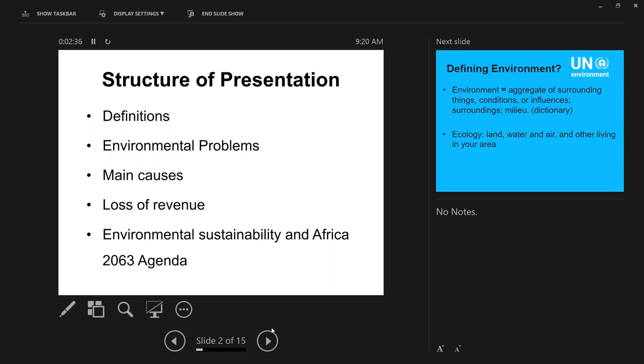Why is the world more and more concerned about environmental sustainability? First of all, we should understand environmental sustainability as this aggregate of surrounding things and conditions. How do we make responsible management in a way that it benefits both present and future generations?